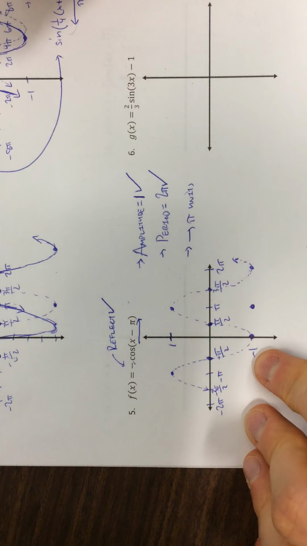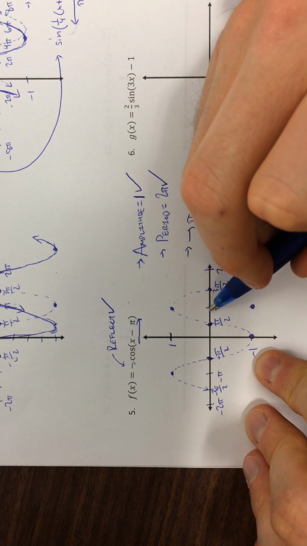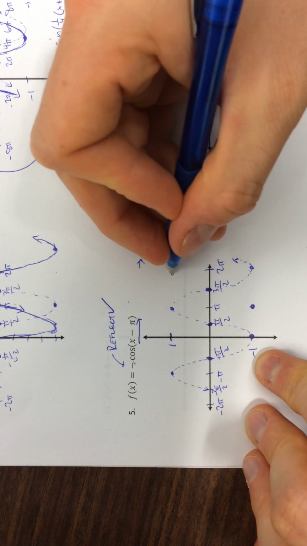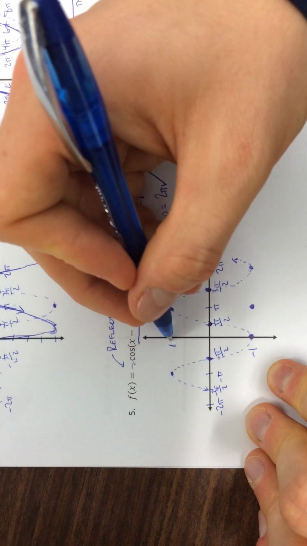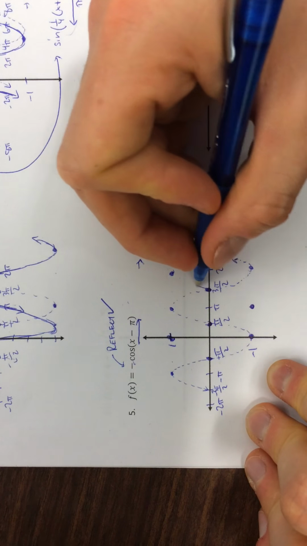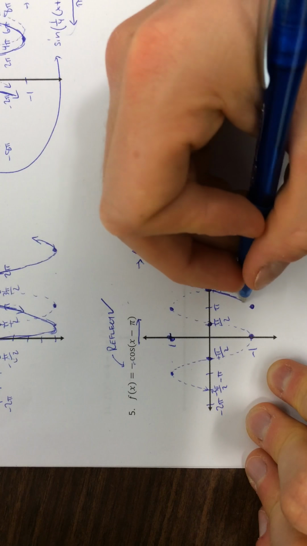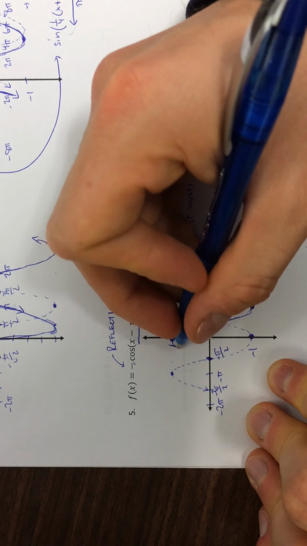That's pi units. So notice 1, 2 tick marks. And so our function looks like this.